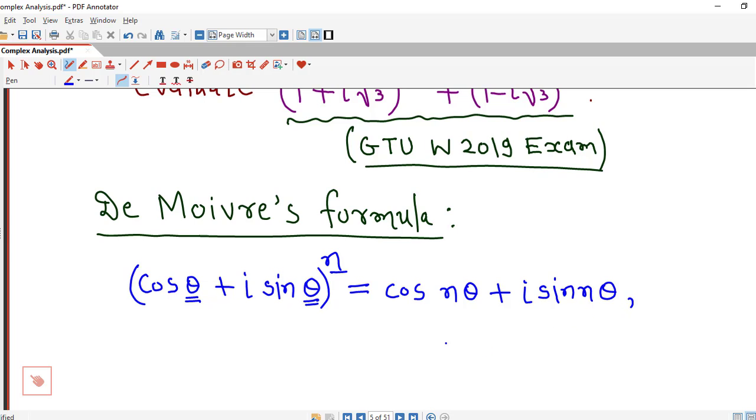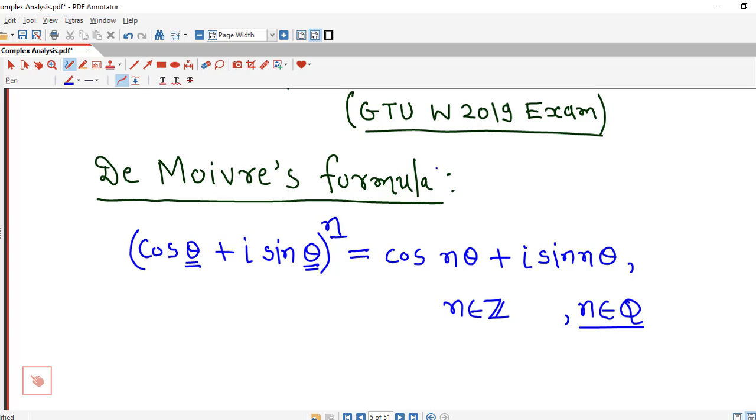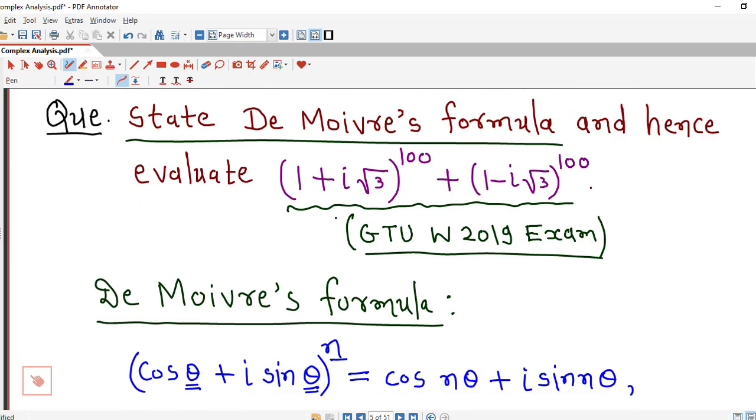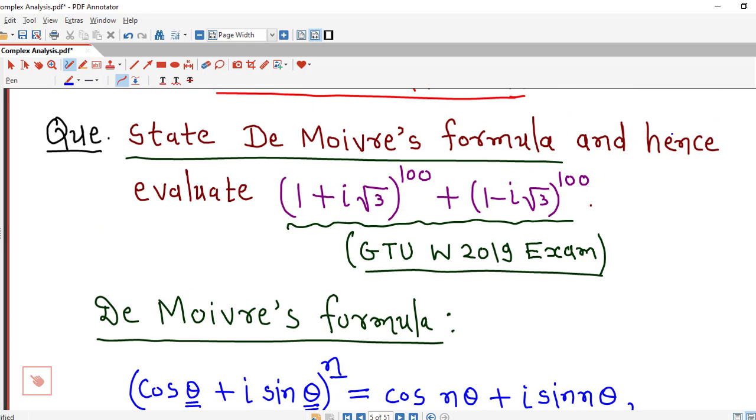Here n is any integer, n belongs to Z, or you can consider n belongs to Q also. n being a rational number is also allowed. So De Moivre's formula is (cos theta plus i sin theta) raised to n equal to cos n theta plus i sin n theta. n belongs to Q is the general case, since Q includes all the integers also.